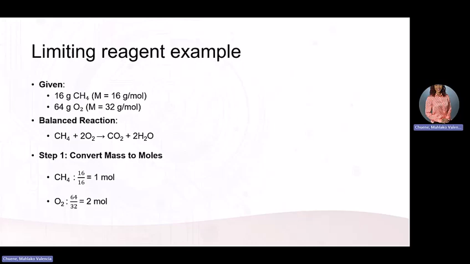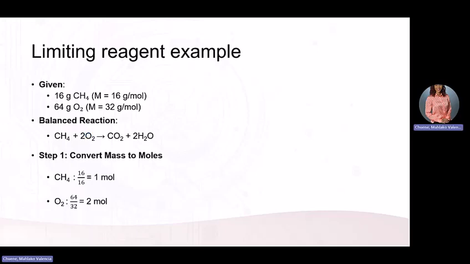All right, so here what we have is that we have our mass and our molar mass. Then from there, we have to write the balanced equation. Now our balanced equation is going to be CH4 plus O2 gives us CO2 plus HO2, and then obviously to balance out the equation, we are going to look at what is actually in here.